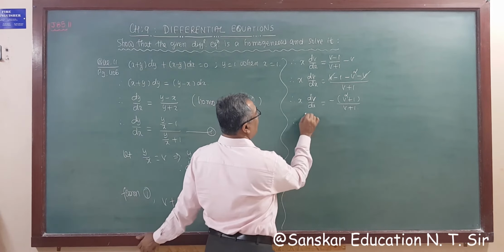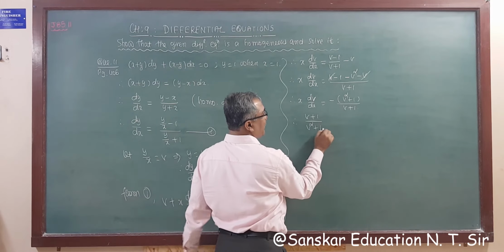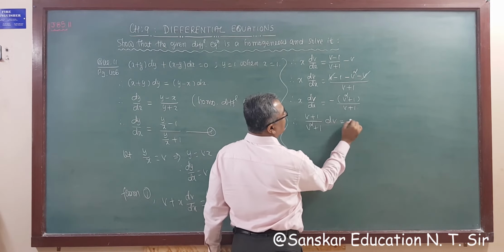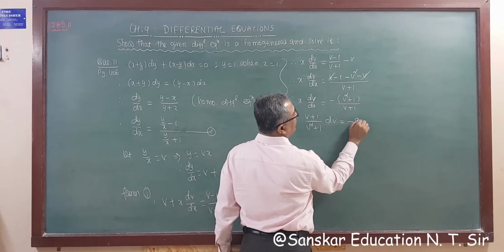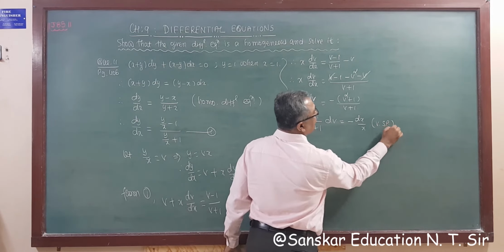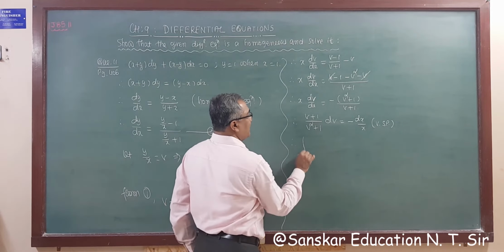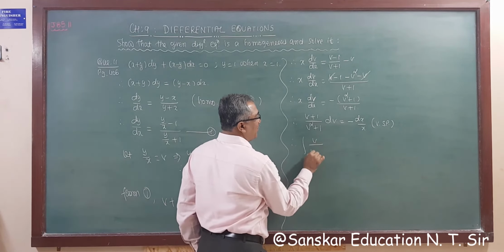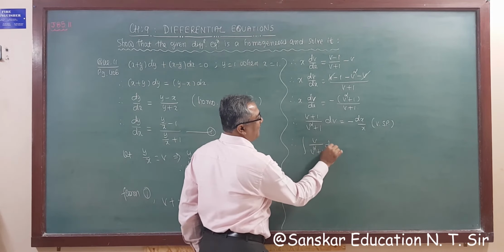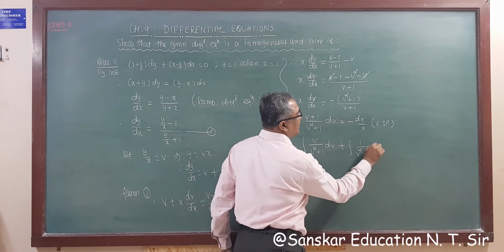So we get (v plus 1) upon (v square plus 1) dv is equal to minus dx upon x. So this is a variable separable form. Got it? So integrating, we get integration v upon v square plus 1 dv plus integration 1 upon v square plus 1 dv.